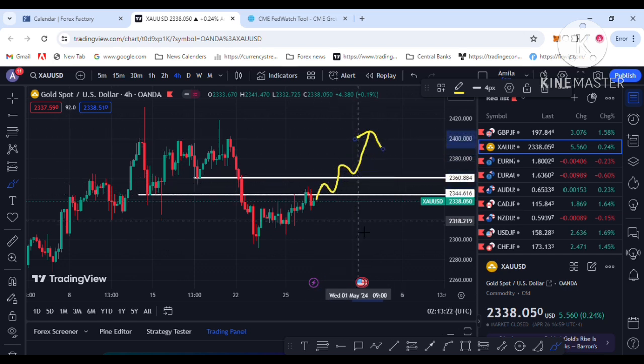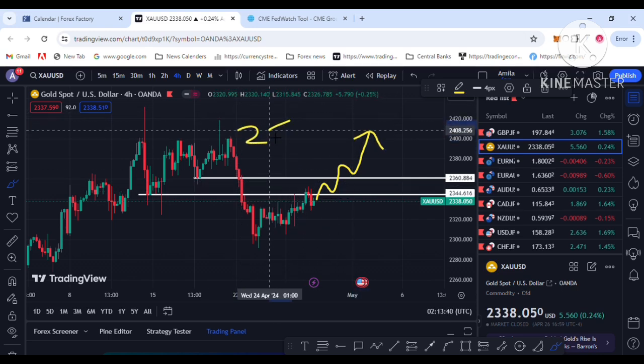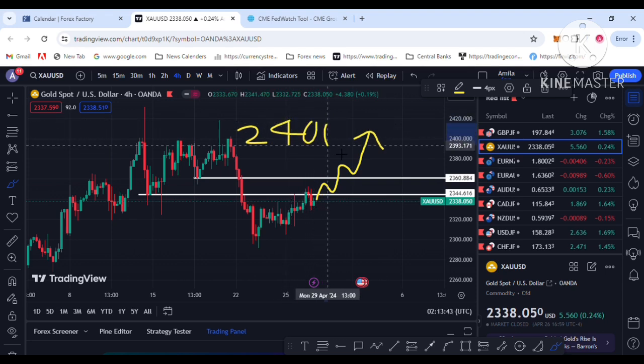You should remember gold is the safe haven asset. This is my other option. If the Iran-Israel war continues next week, the economic data becomes invalid and with gold demand as the safe haven asset, 2400 is the target. That's my two options, with the economic data and with gold as the safe haven asset.